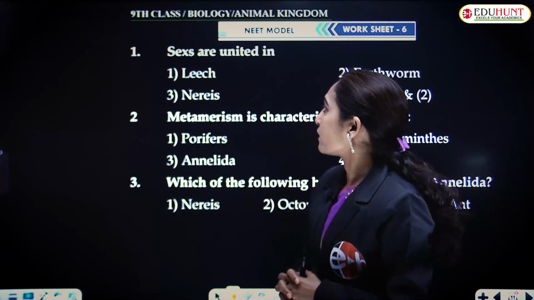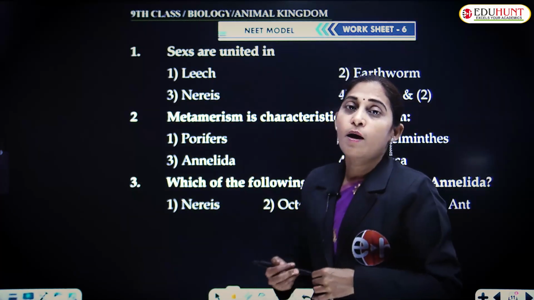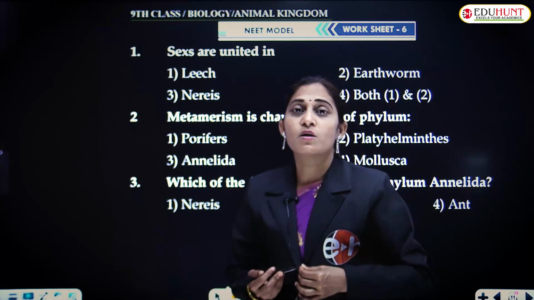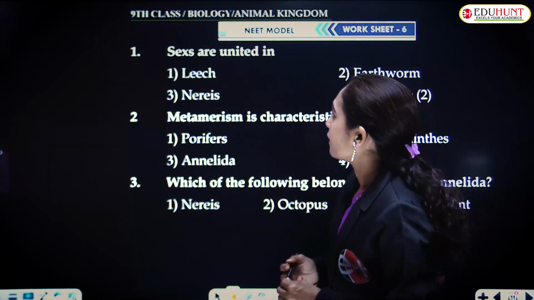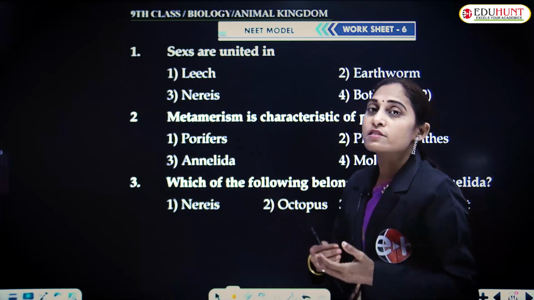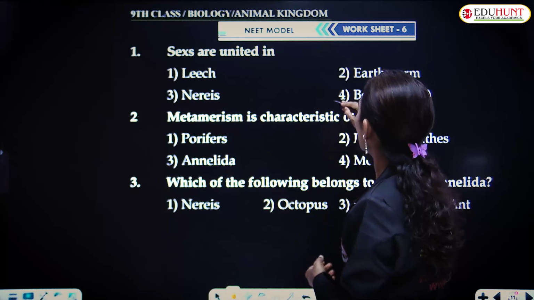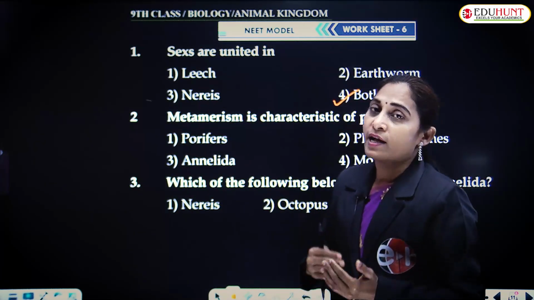So leech and earthworm are both bisexual in nature, whereas nereis, which belongs to the class Polychaeta, is a unisexual individual. That's why we select option 4. Both 1 and 2 have united sexes.